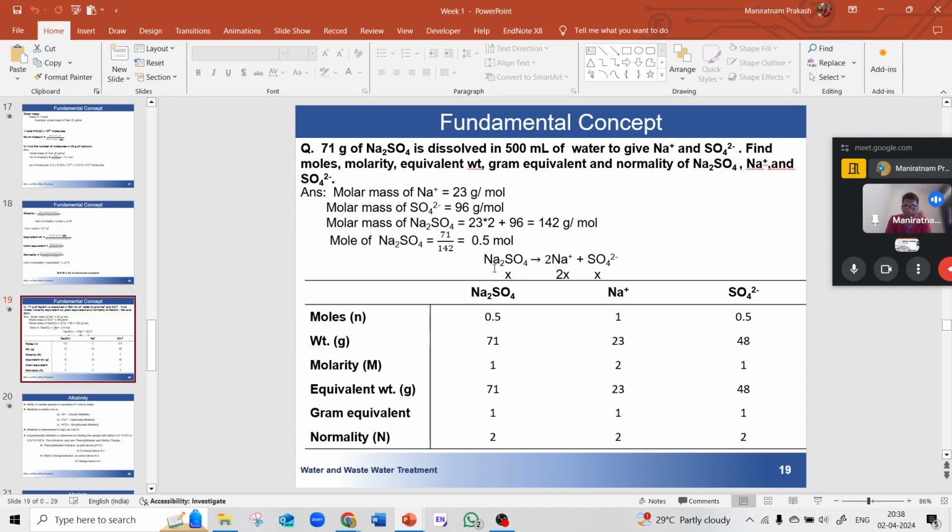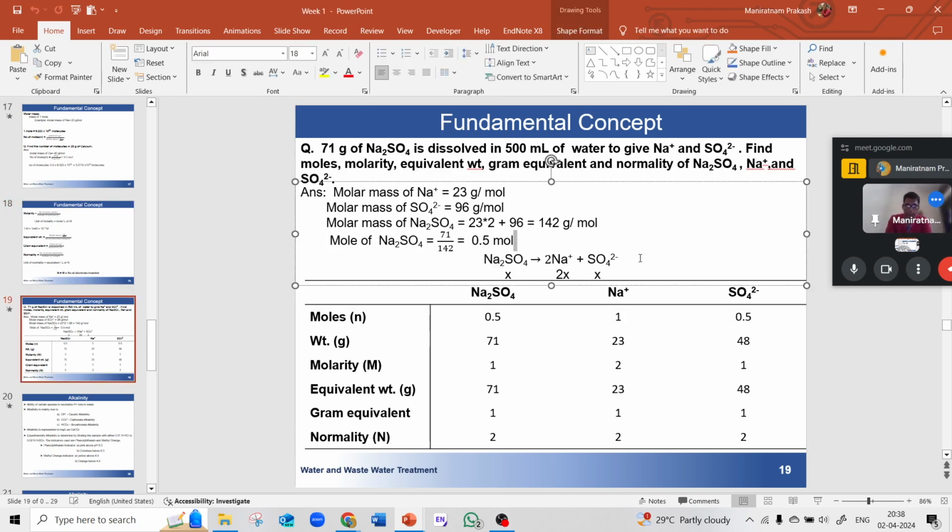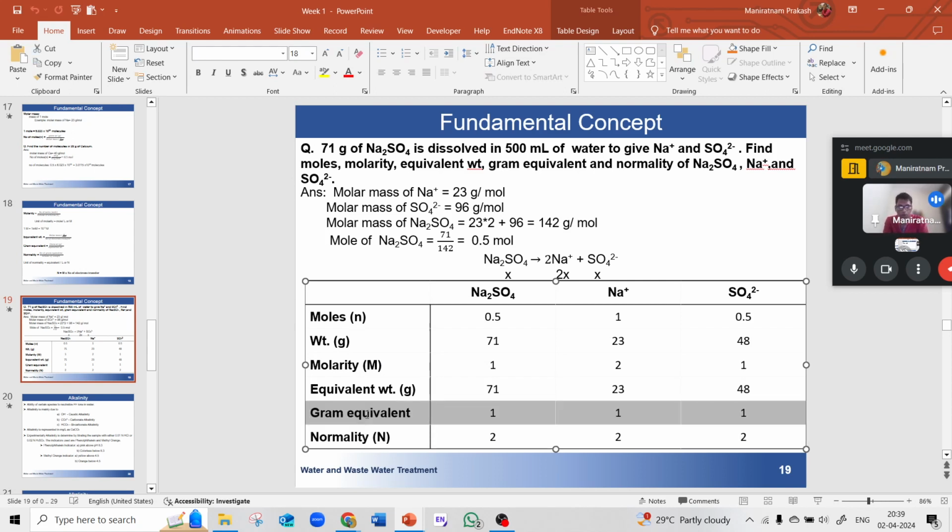So see here, this equation is there, that Na2SO4 is giving 2 Na plus, and here you can see this gram equivalent. Sorry, not equivalent weight. If I have said something wrong, sorry for that, but you can see that gram equivalent for all these three things are equal.